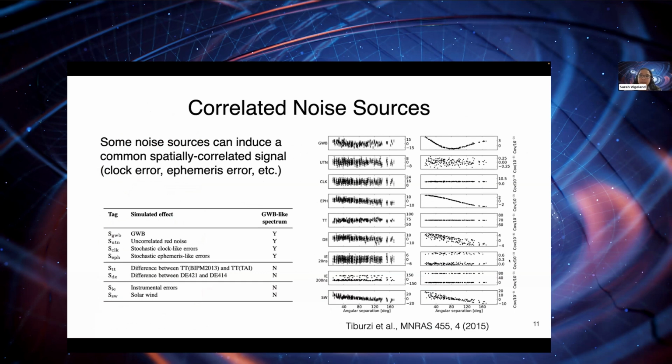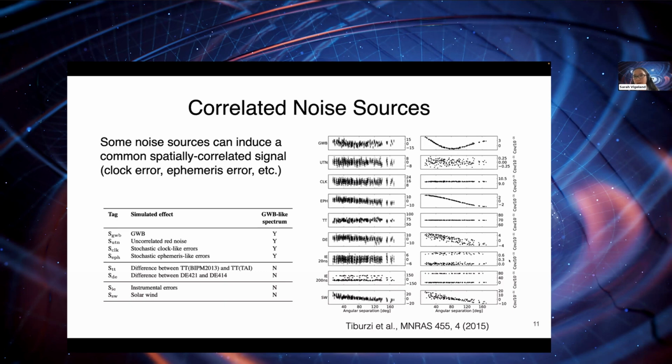However, there's no known noise source that induces correlations that look like Hellings and Downs. So that is unique to gravitational waves. A clock error, which I mentioned earlier, would induce monopole correlations because it would affect all of the pulsars in the same way. So that would be like a horizontal line. You can see that in the third row from the top in the figure on the right.